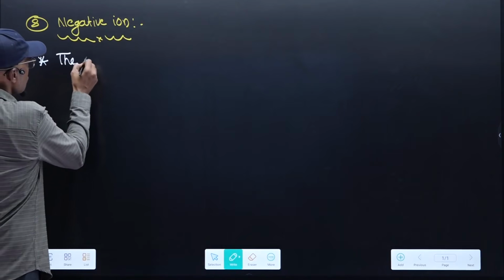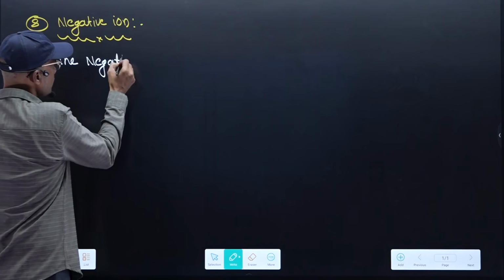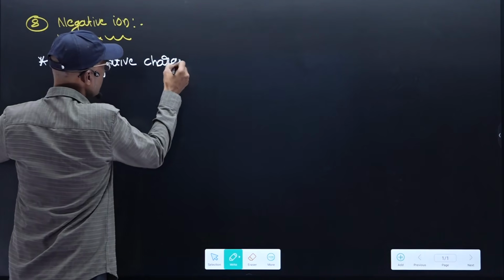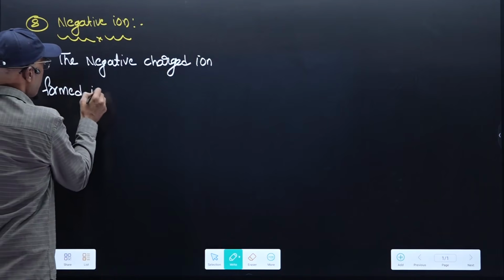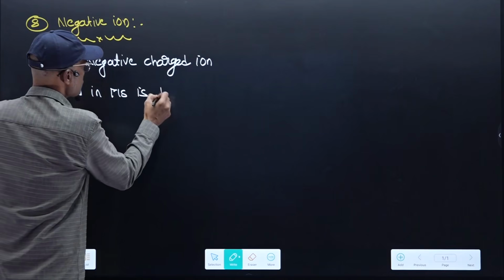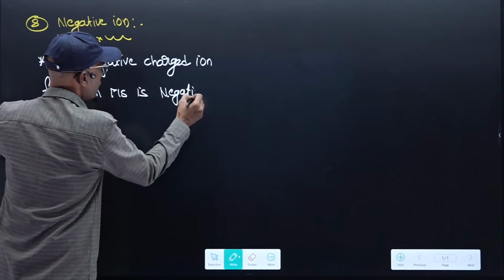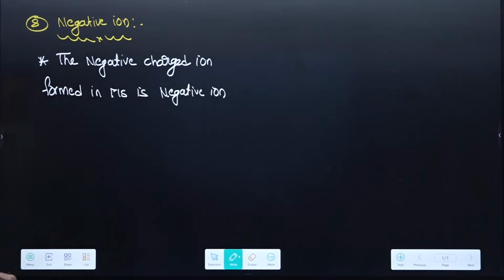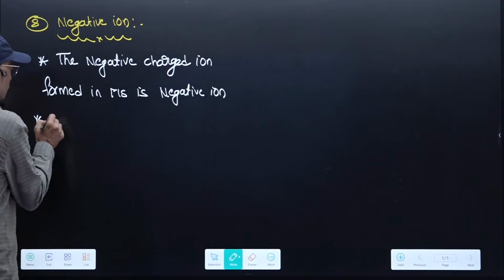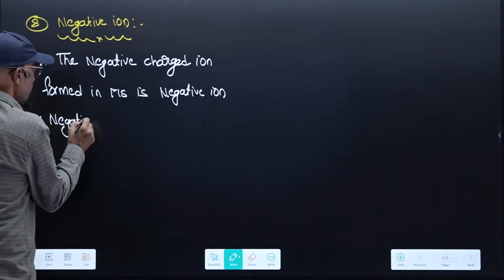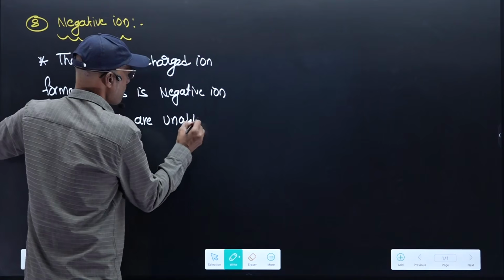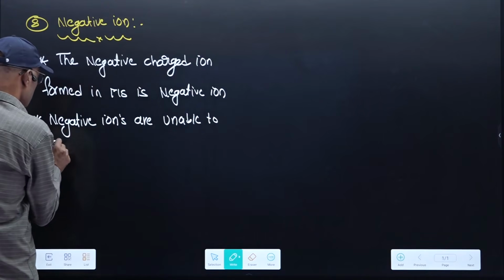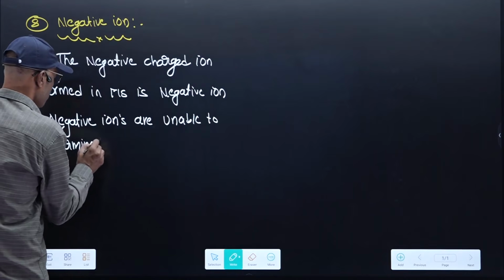The negatively charged ion formed in mass spectrometry is the negative ion. Can you identify negative ions here? Negative ions are unable to be isolated or determined.